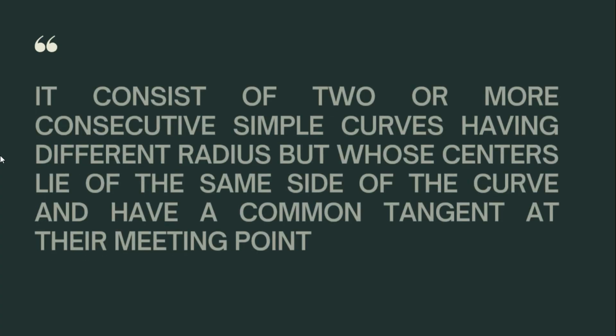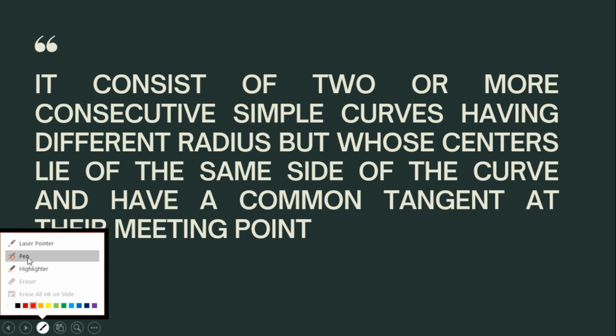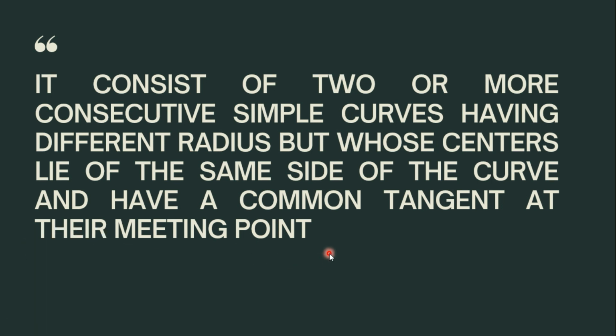So by definition, a compound curve is a curve that is composed of two or more consecutive simple curves having different radii but whose centers lie on the same side of the curve and must have a common tangent at their meeting point. So in simple words, it is just a curve that is composed of two or more simple curves.